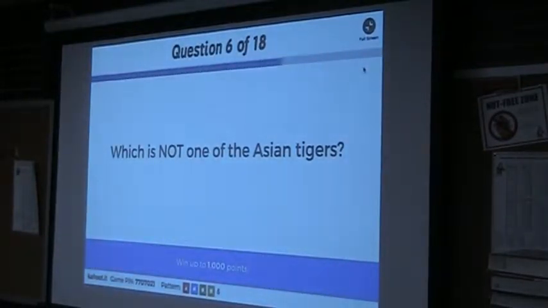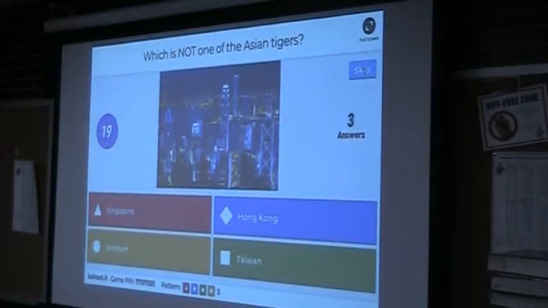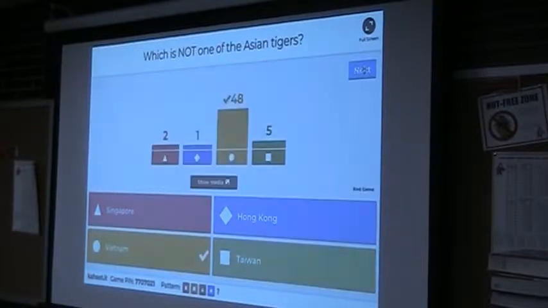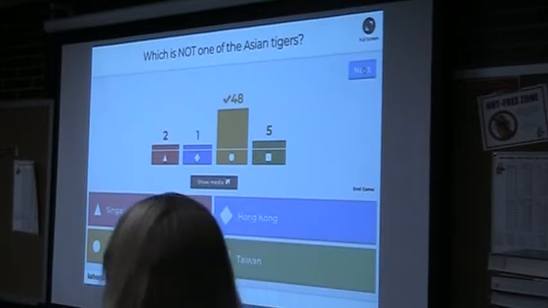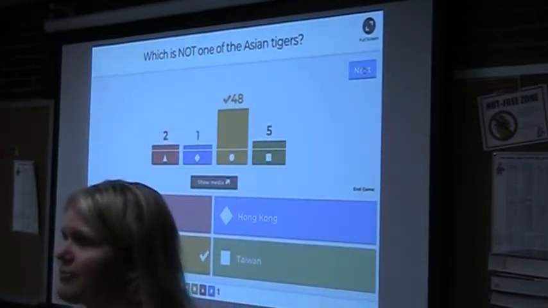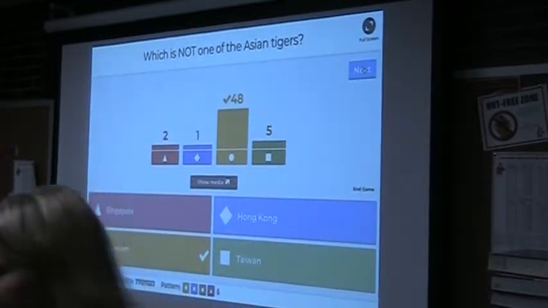Sometimes called Asian dragons. Yes, that's just a simple one you gotta know. What do we leave off? South Korea. South Korea.